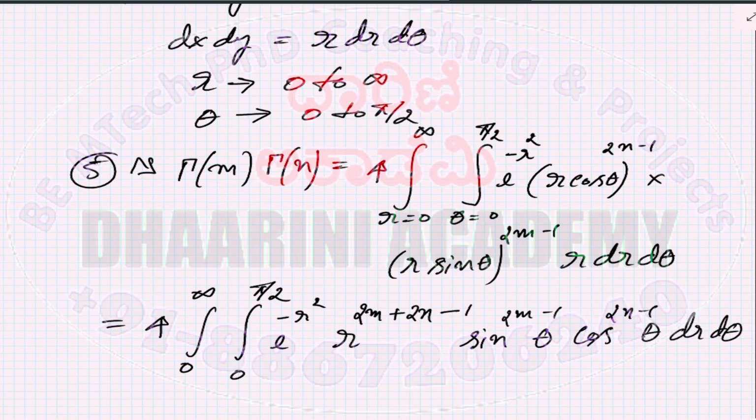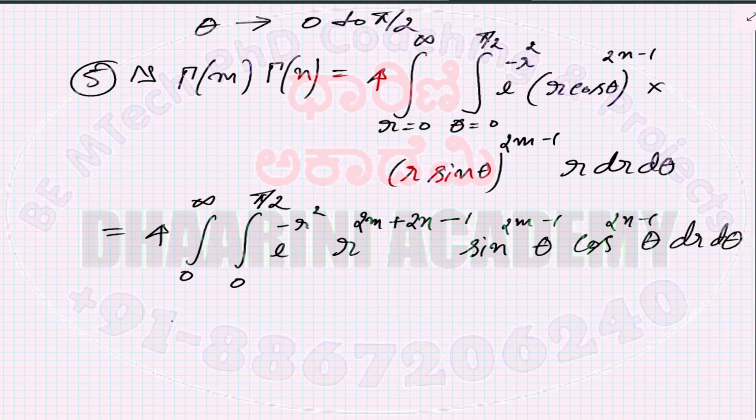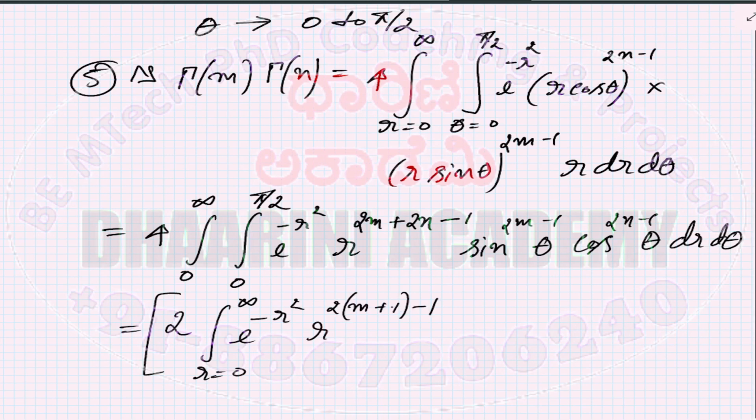What I do now, I'll separate the integrals. How do I separate? I take a 2, because 4 will be split into 2 into 2. So the first integral is 2 times integral r varying from 0 to infinity e to the minus r square into r to the power 2 times m plus n minus 1. Okay, because r to the power 2m plus 2n, I can take 2 outside, and this into dr. This is my first term.